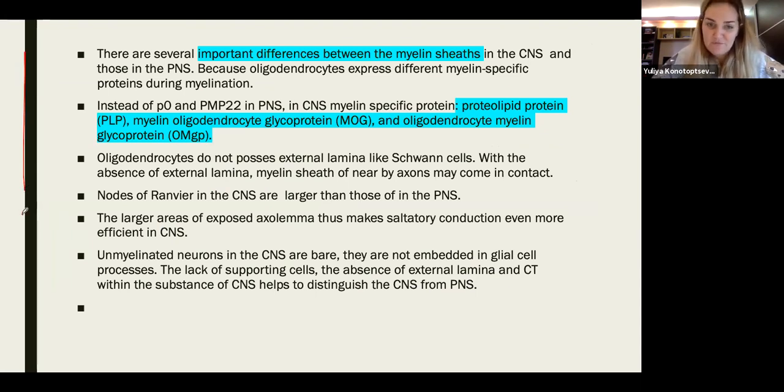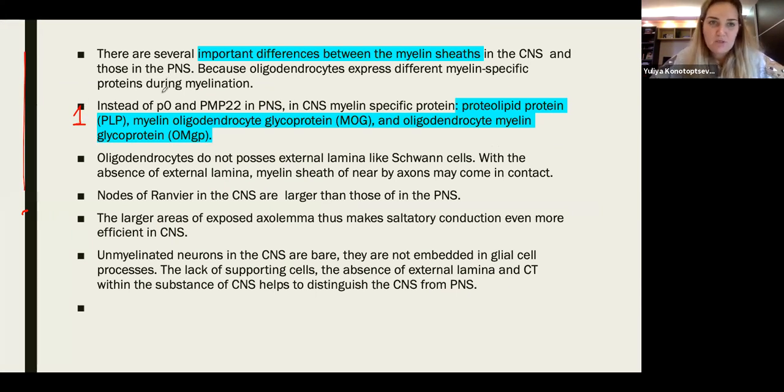So what are the main differences between them? Of course, CNS, PNS, that's understandable. And this is the thing that they will ask you in the exam. We said that myelin sheath is 80% lipids. The rest of the percentage is going to be some proteins.